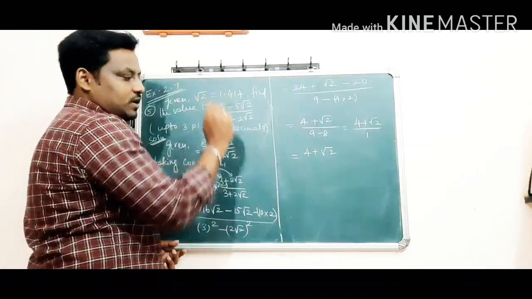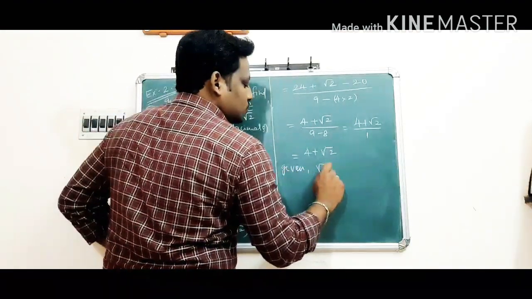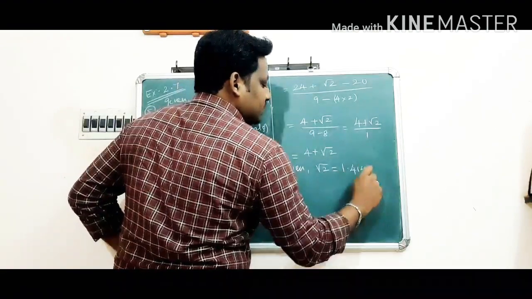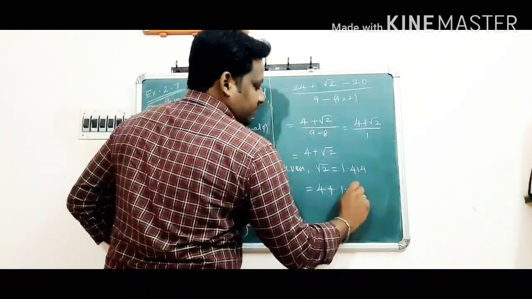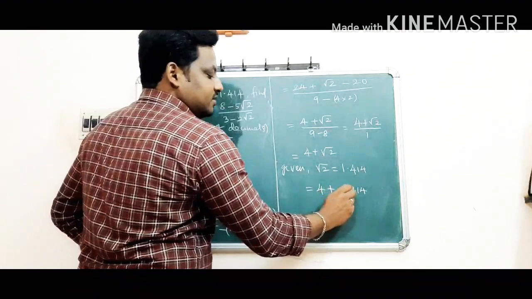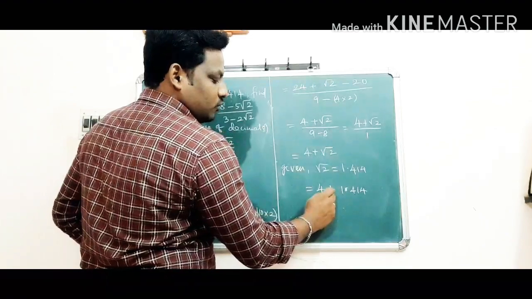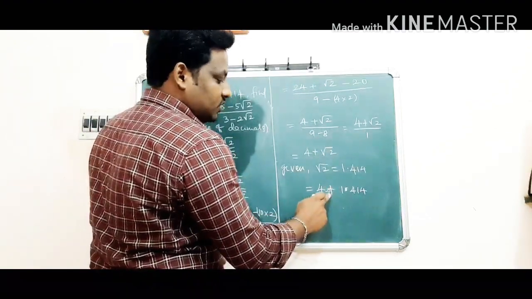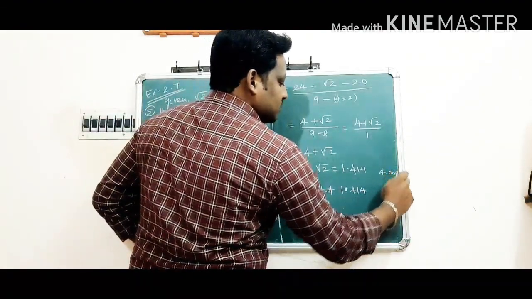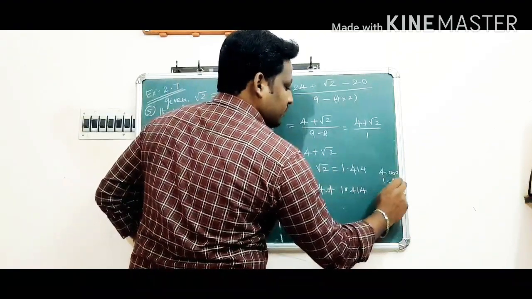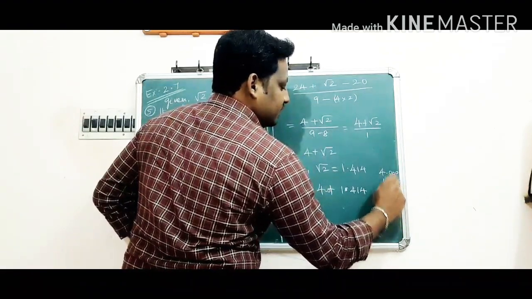So now you have to substitute the value. Root 2 value is 1.414, given. So you have to substitute the value in the answer. So 4 plus 1.414. So 4.000 plus 1.414. 4 plus 1 is 5, and the decimal part is 414.